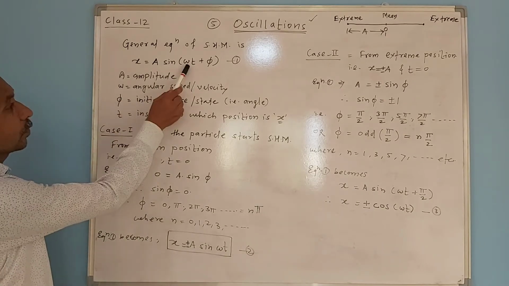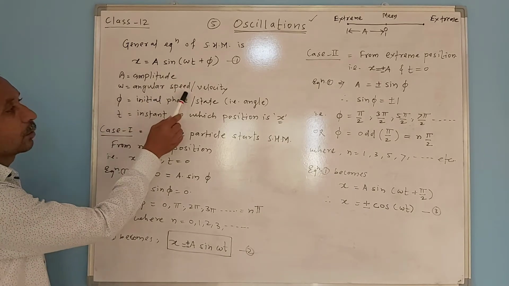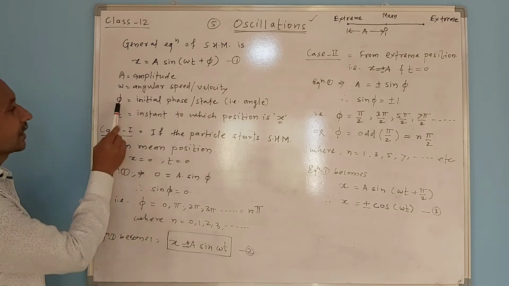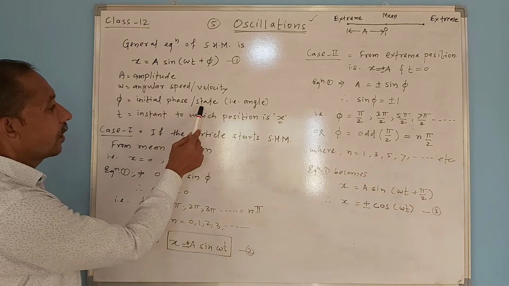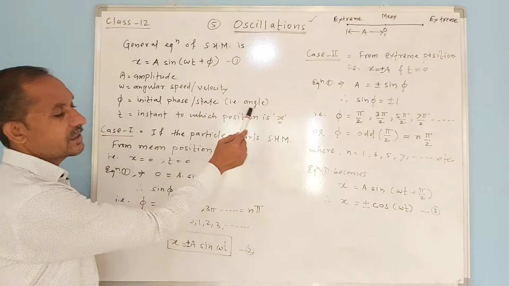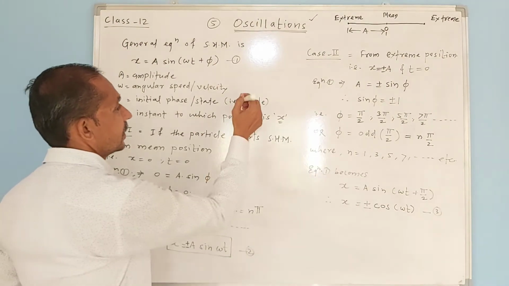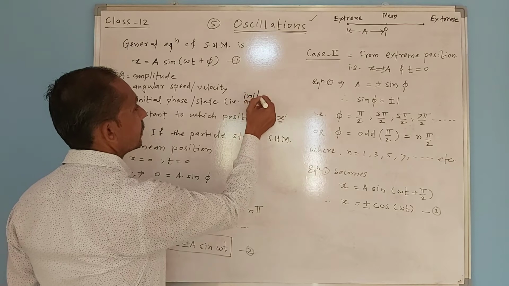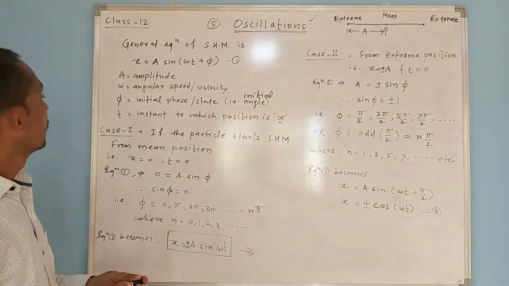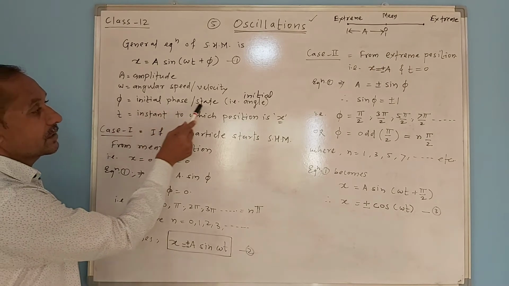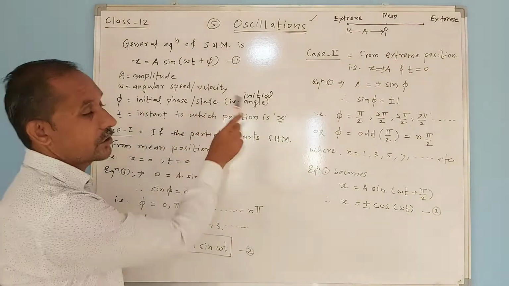Then omega is the angular speed or velocity. Phi means initial phase, or initial state, or initial angle.